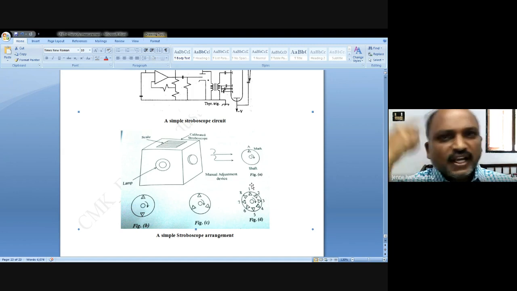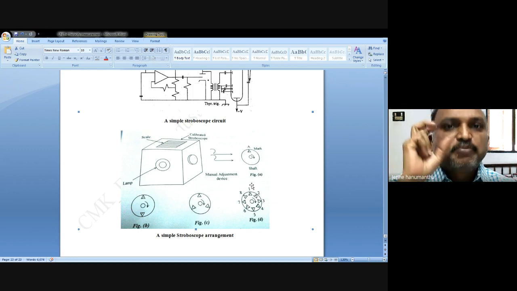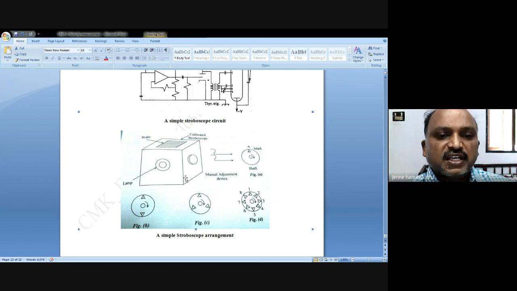It is rotating continuously. But as a human, you can observe that when you are adjusting the frequency, the marking looks stationary, I mean stable.